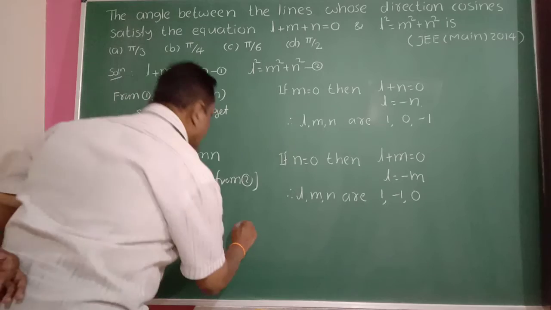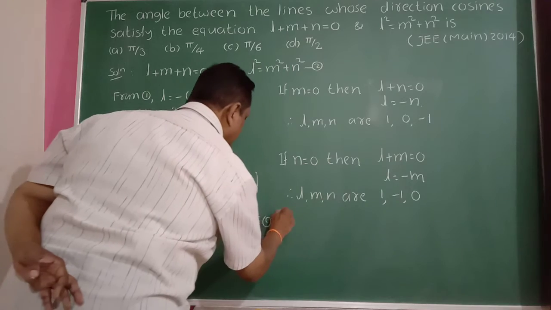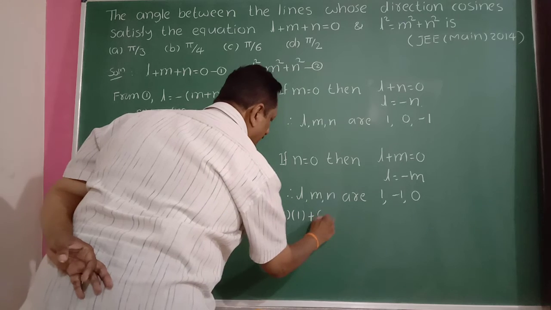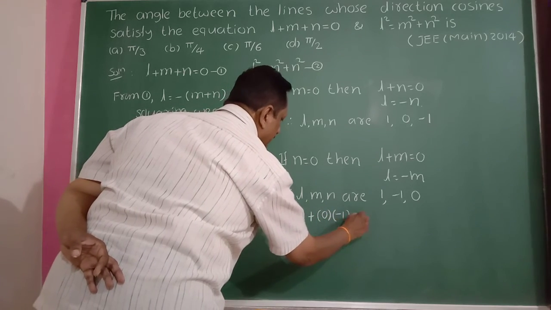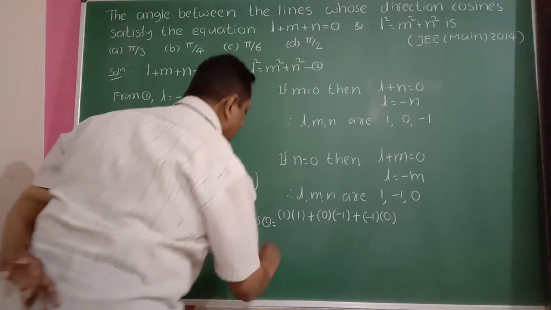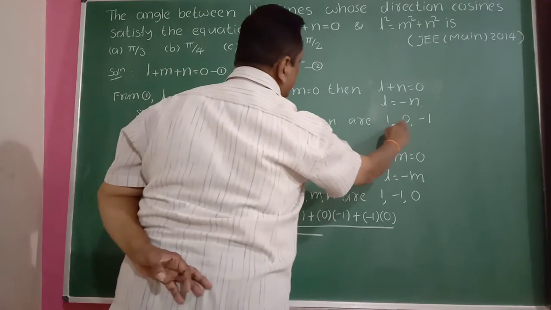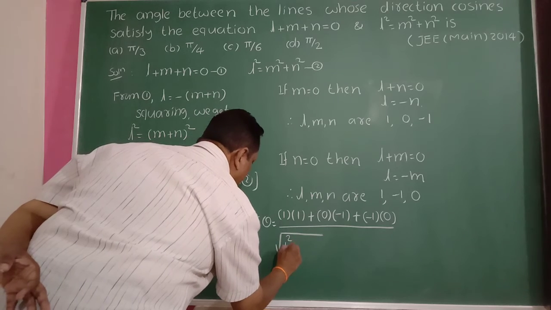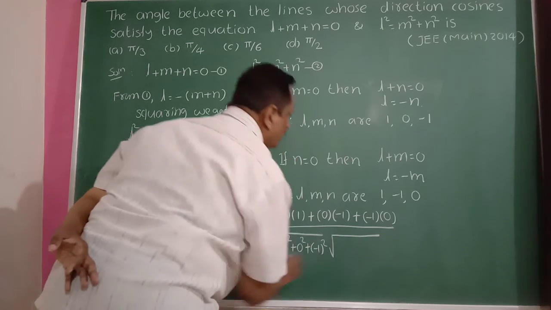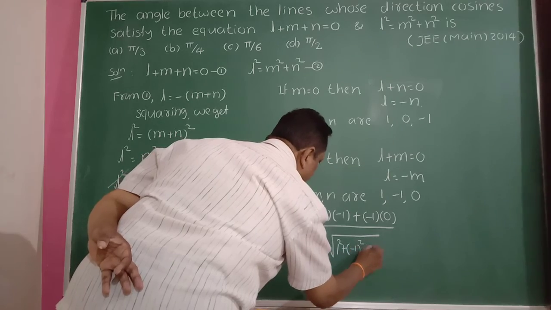Therefore, cos of theta is equal to 1 into 1 plus 0 into minus 1 plus minus 1 into 0, divided by root of 1 square plus 0 square plus minus 1 square, again root of 1 square plus minus 1 square plus 0 square.